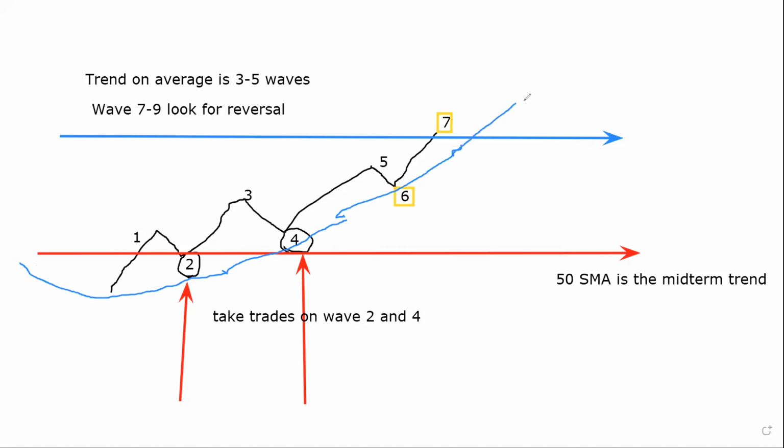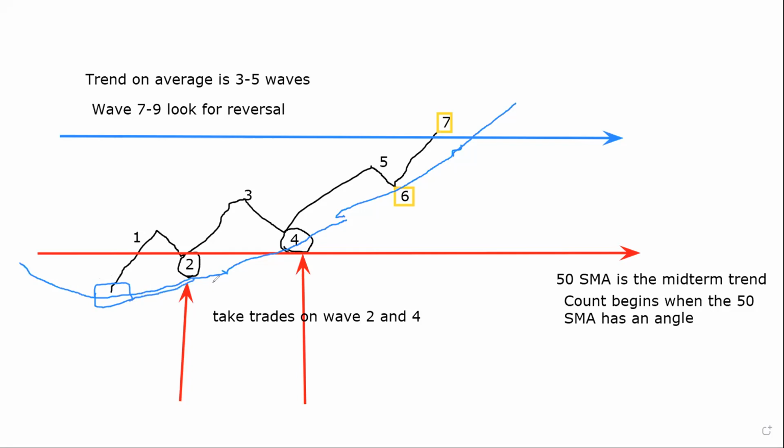No zigzags in the 50. So the 50 was coming down and it started angling or turning right here. It was flat in this area right here. Would you agree? Basically flat, right? Mm-hmm. So there was a count coming down and then it started angling up from this point going forward.